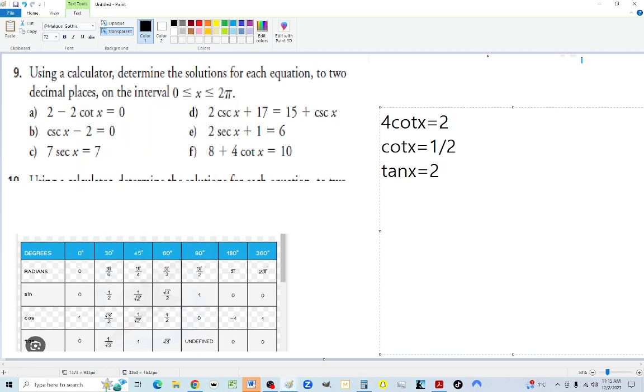First of all, when is tan x positive? In quadrant 1, which is that. And in quadrant 3, which will be 1 pi plus that.